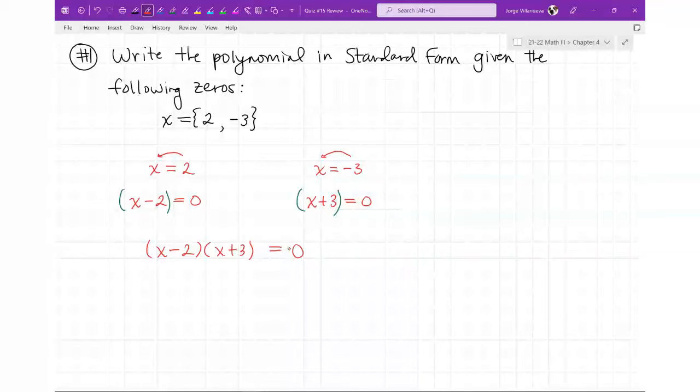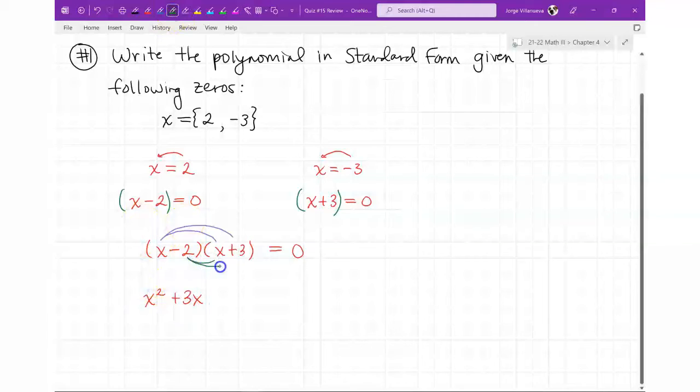So let's go ahead and distribute. x times x, x times 3. So x times x is x squared. x times 3, that's 3x. And then negative 2 times x and negative 2 times 3. So negative 2 times x is negative 2x, and negative 2 times 3 is negative 6.